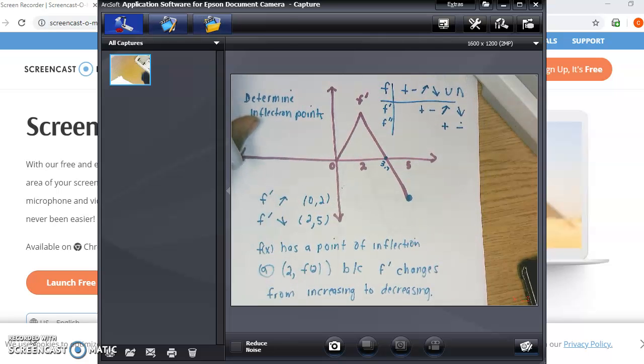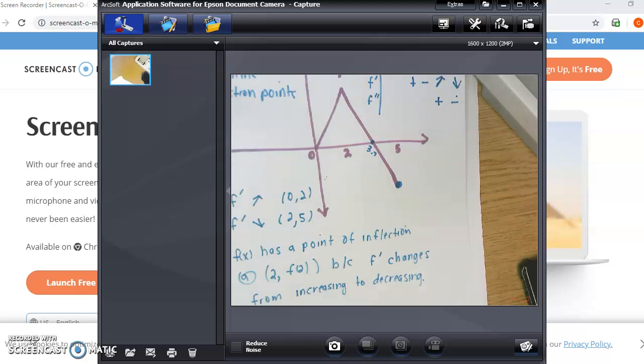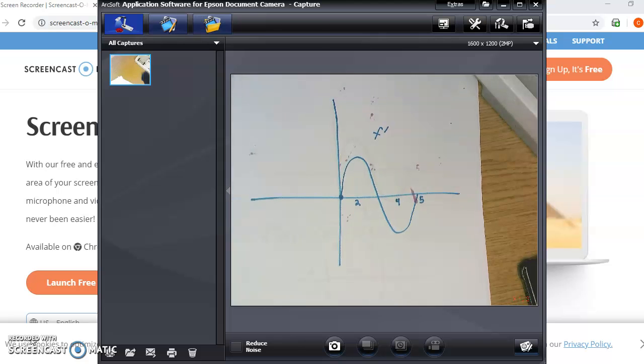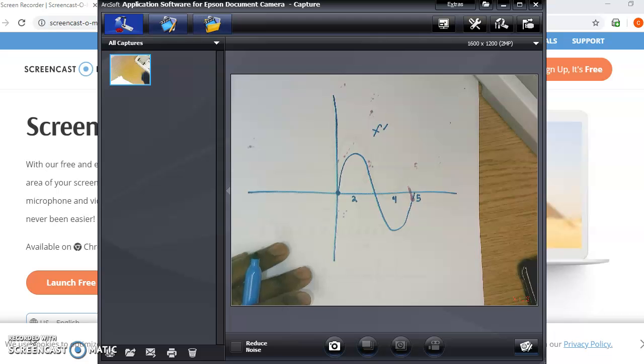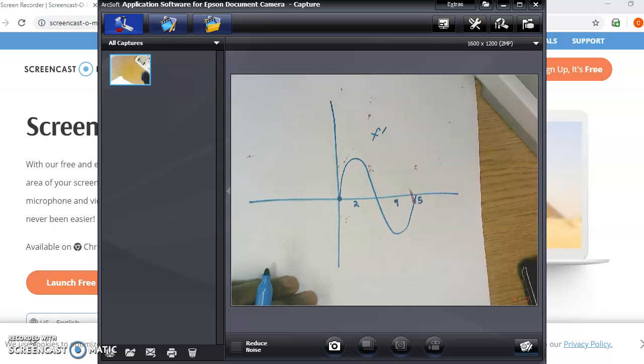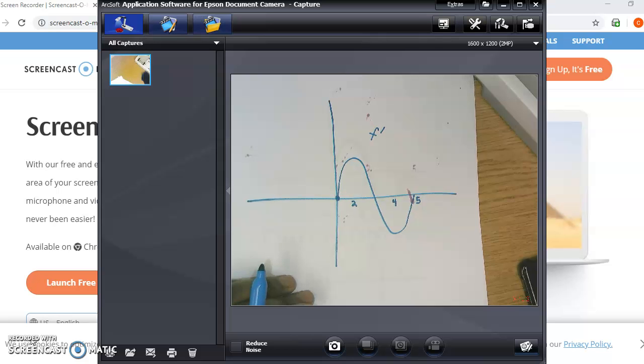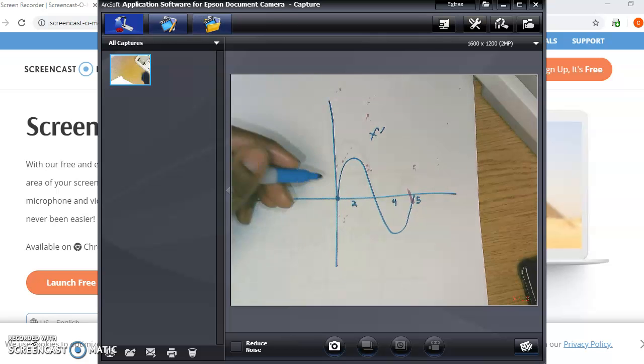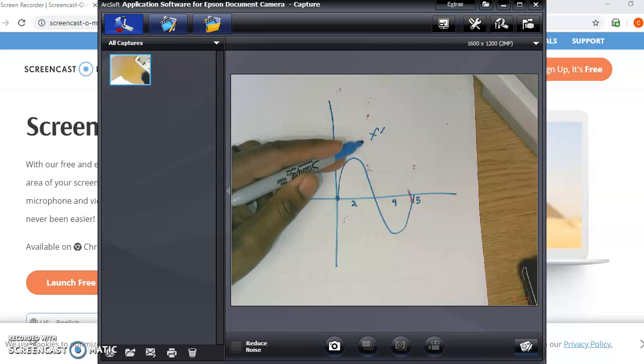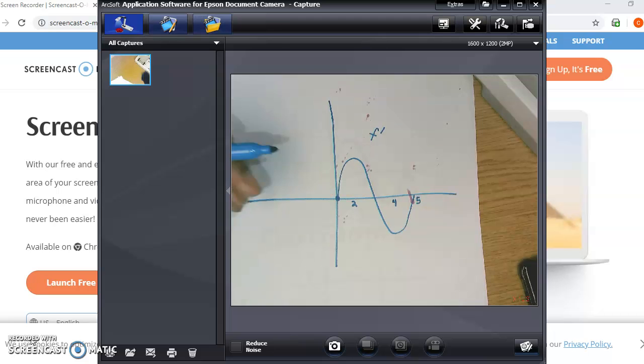So let's look at one last example. We'll go through that briefly. I'm not going to do much writing on this, I'm just going to talk it through. This is the graph of the derivative again. To determine points of inflection when you have the graph of the first derivative, you're basically just looking to see where the function is increasing and decreasing.